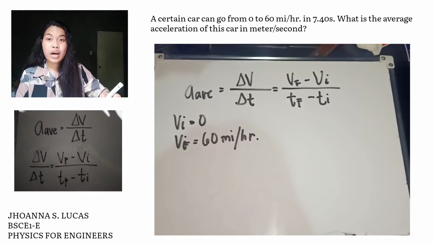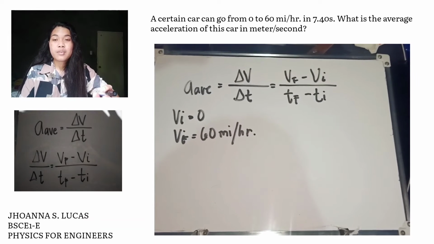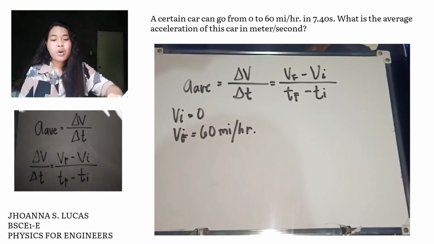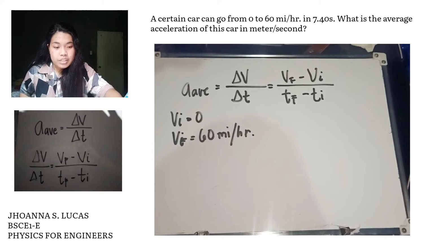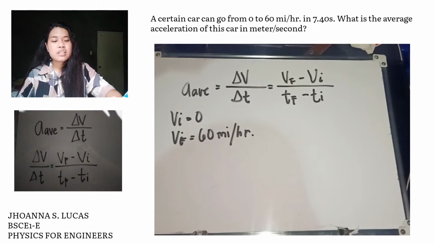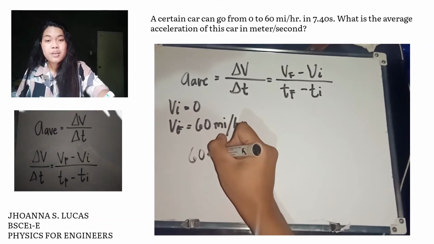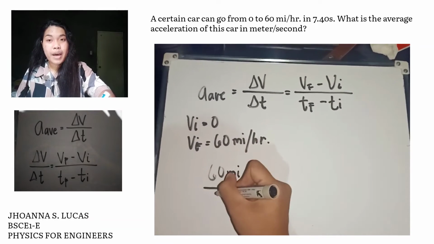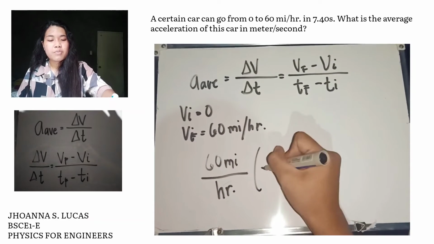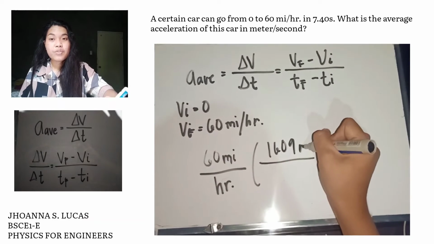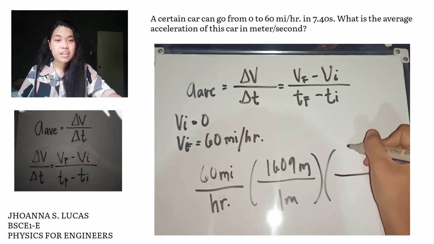Converting it, we should know the value of hour in seconds and the mile in meters. So 1 mile is equal to 1,609 meters and 1 hour is equal to 3,600 seconds. So we will write it like this: 60 miles over hour times 1,609 meters over 1 mile times 1 hour over 3,600 seconds.